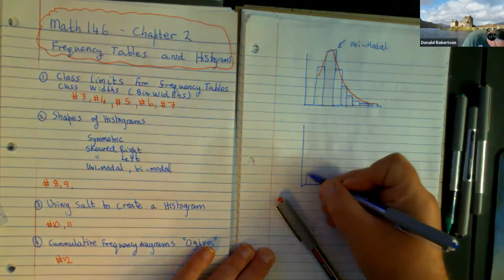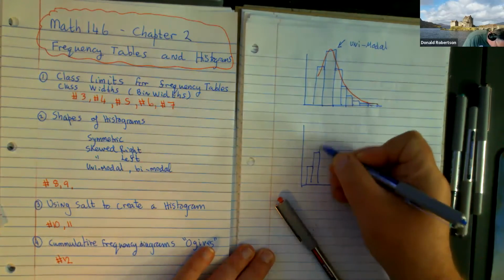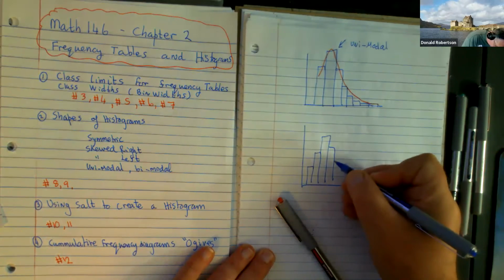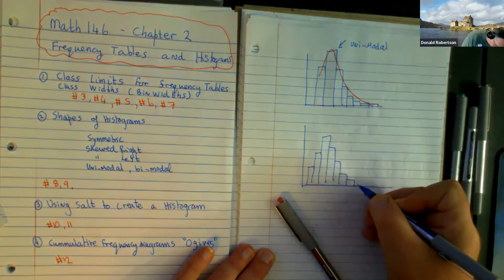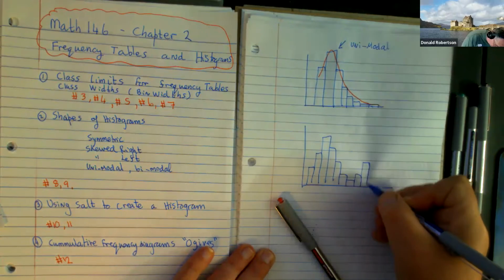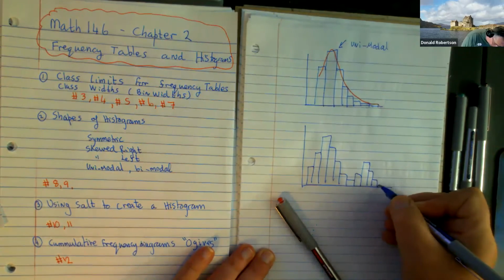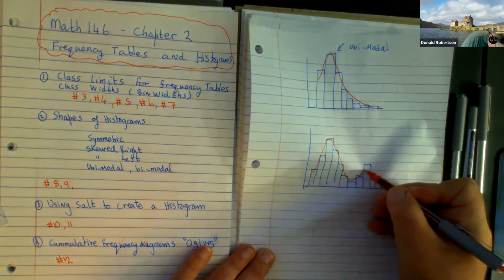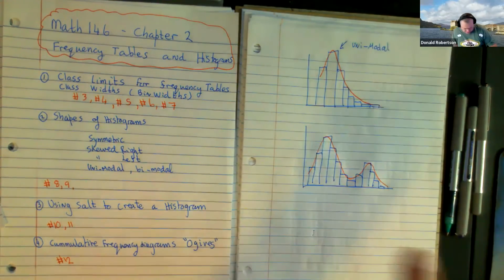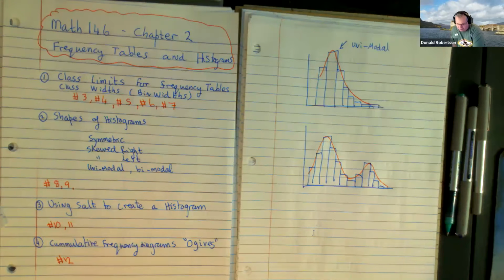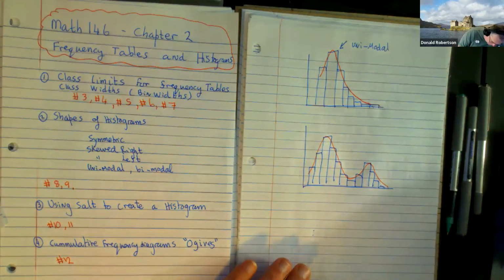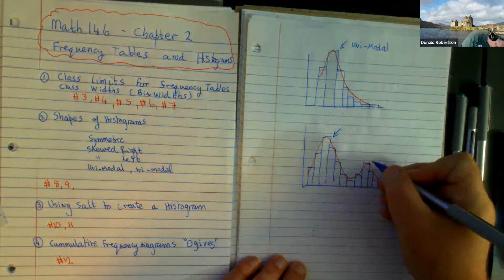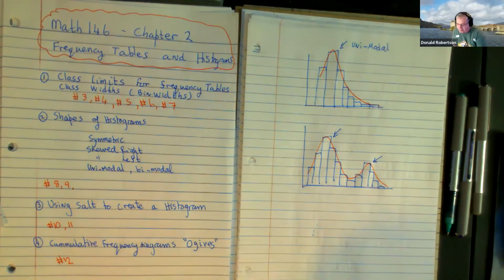Of course, data comes in all shapes and sizes. This shape is not skewed to the right or skewed to the left or symmetric, right? None of those terms work for it. But it does have 2 hills. One of them just is taller than the other, but that doesn't matter.